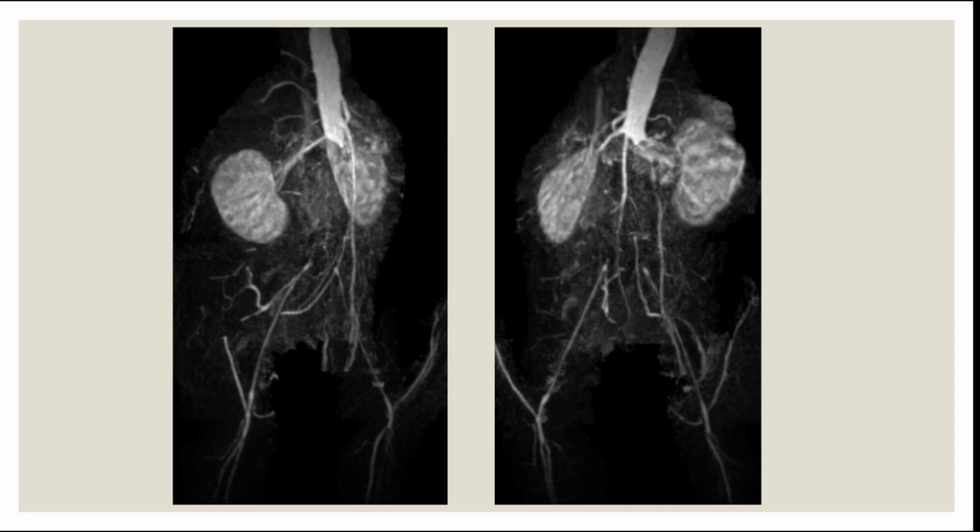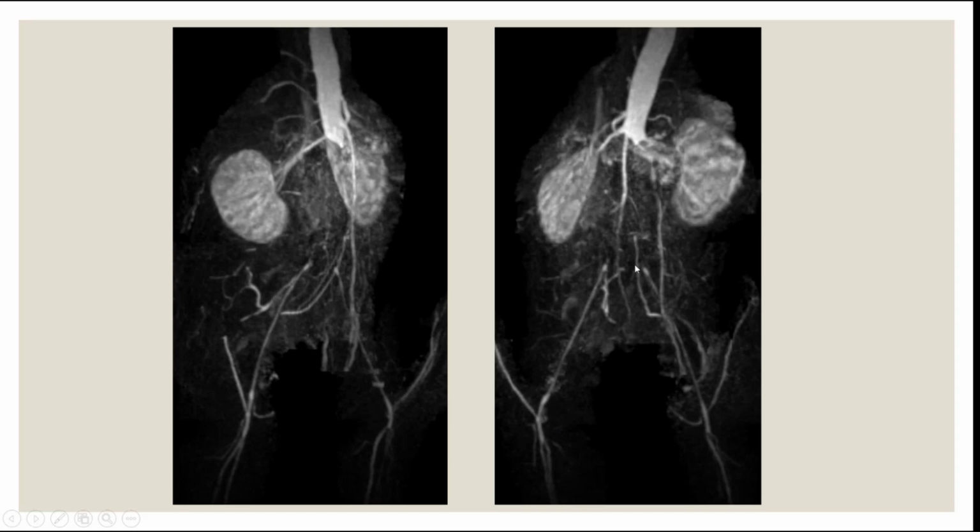Since we're seeing the vessels, this is an MRI angio, MR angio. At this level we can see the kidneys, the renal arteries, and the abdominal aorta, but the flow of blood is not there, we cannot see the common iliac arteries.